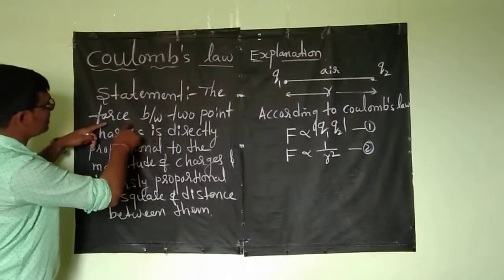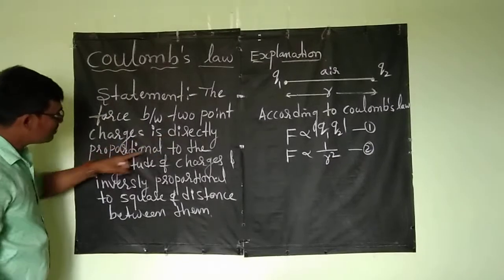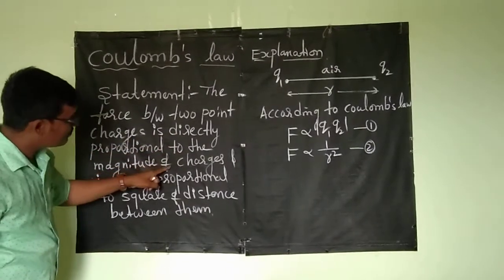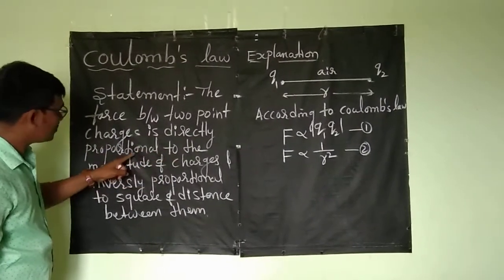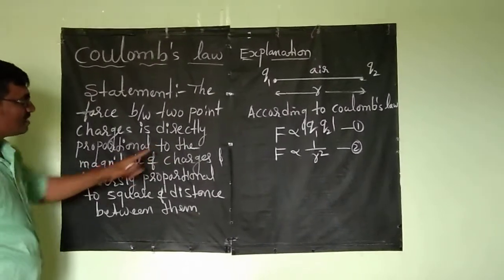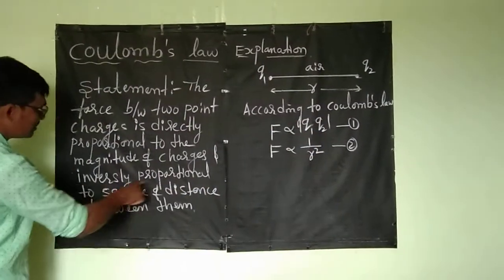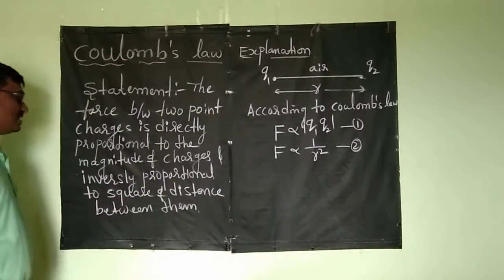The force between two point charges is directly proportional to the product of magnitude of the charges q1 and q2, and inversely proportional to the square of the distance between them.